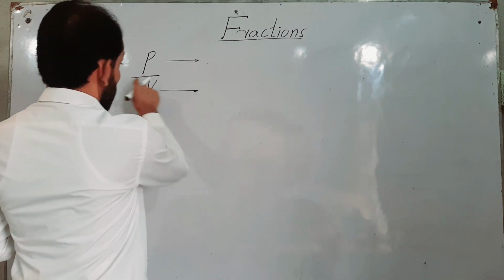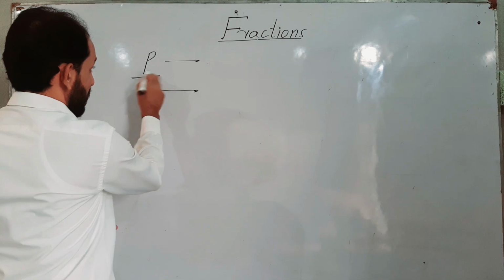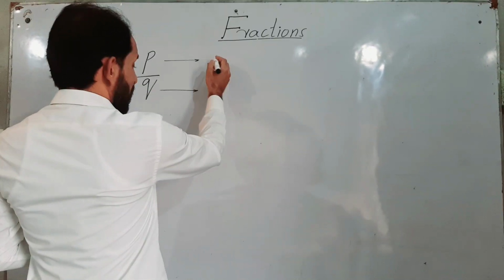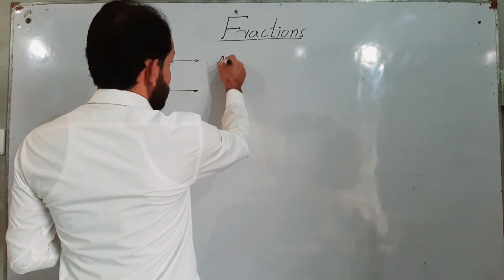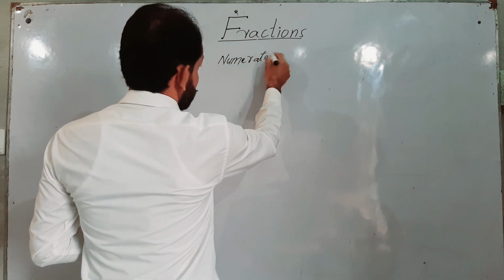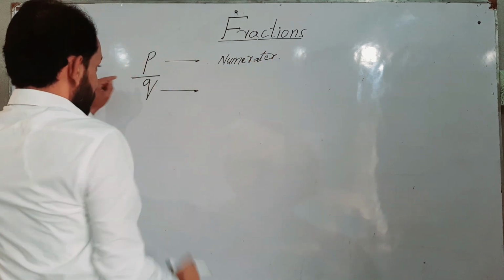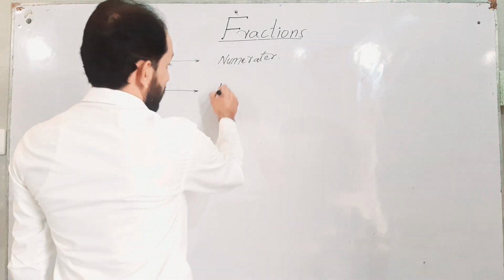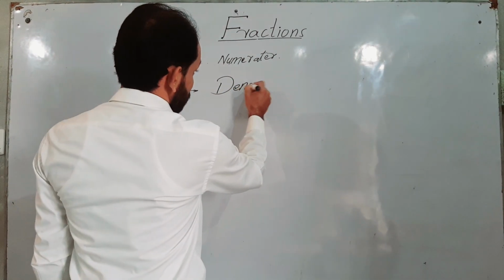The first part is above the fraction bar and the second part is below the fraction bar. The upper portion is known as the numerator, and the part below the fraction bar is known as the denominator.